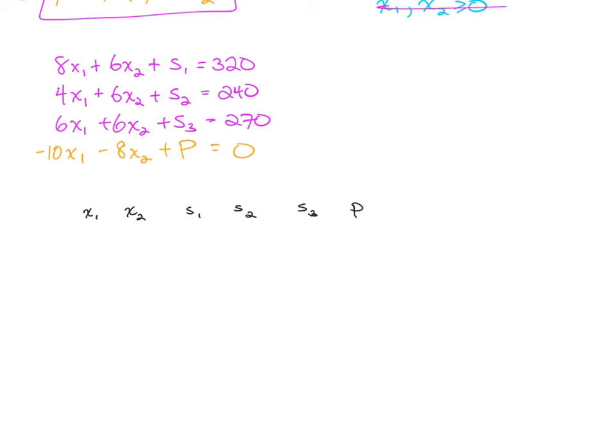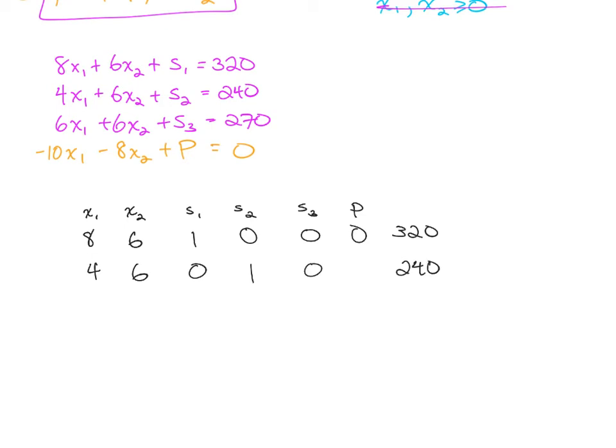Let's write down each of these. This would be 8x sub 1 plus 6x sub 2 plus 1s sub 1 equals 320. All the rest of these are zeros. The second equation, we have 4x sub 1, 6x sub 2, no s sub 1, 1s sub 2, 240.